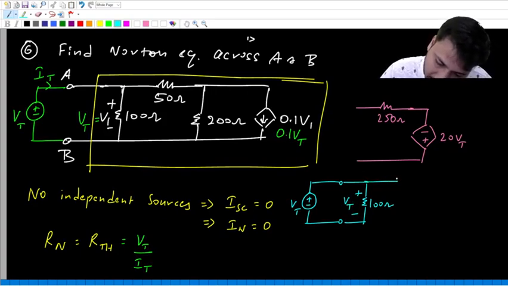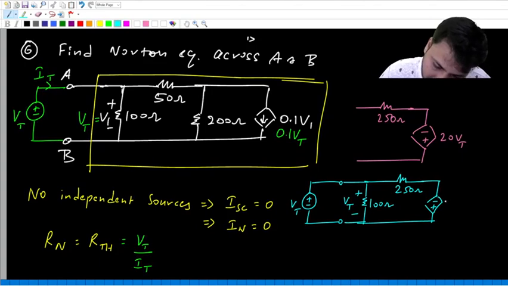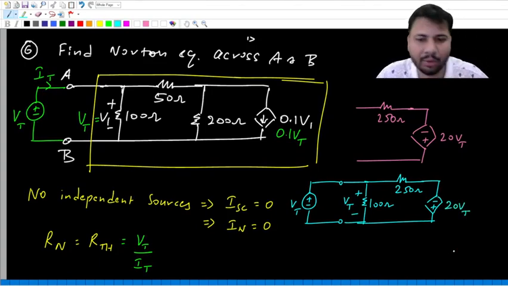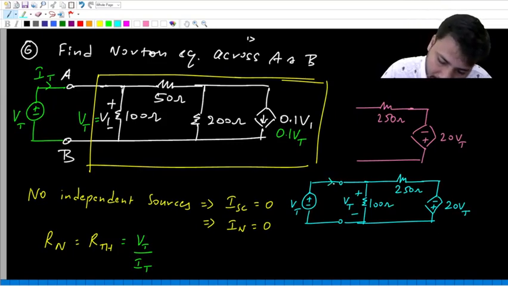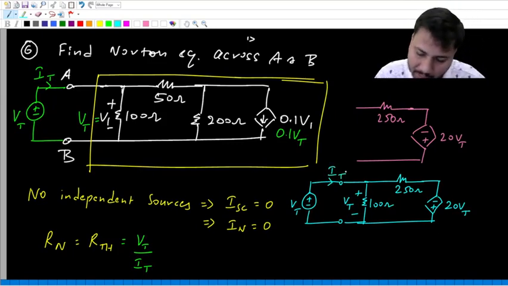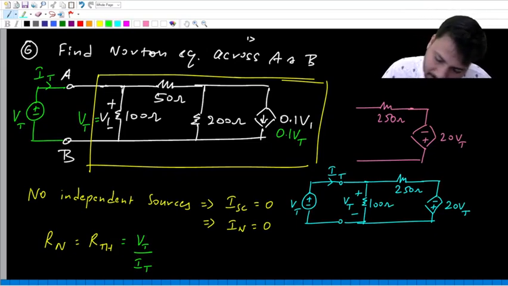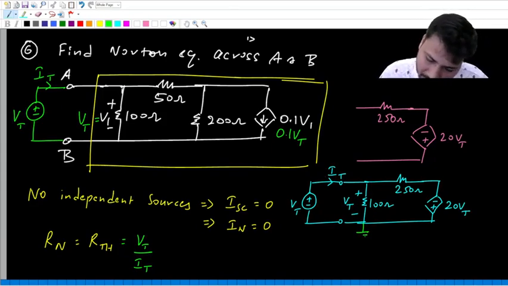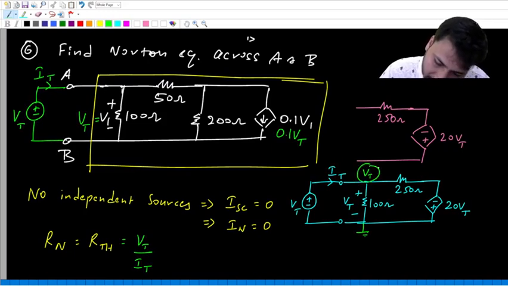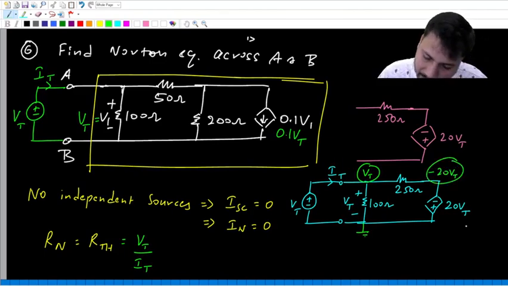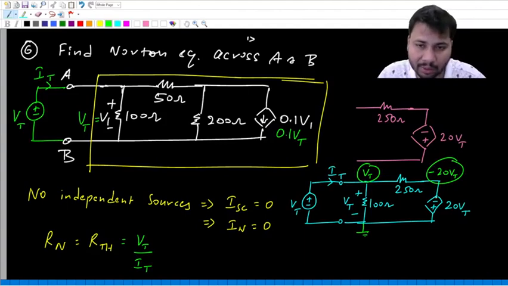And across this we have the 250 ohm resistor in series with a dependent voltage source of value 20 VT, and of course this current is IT. Now here there is no ground, so I'll assume this to be ground. The voltage at this point is VT. At the other point it is minus 20 VT, because you are going from plus to minus, so you subtract the drop.